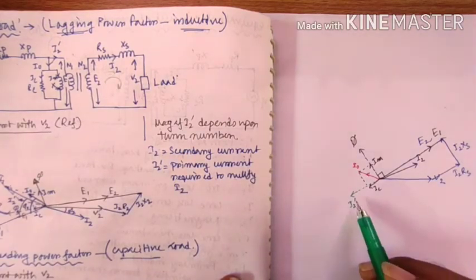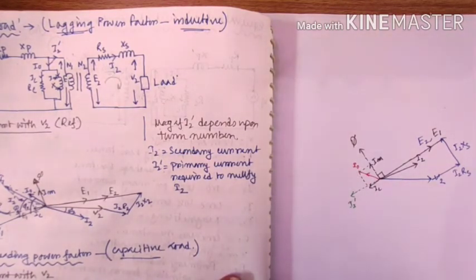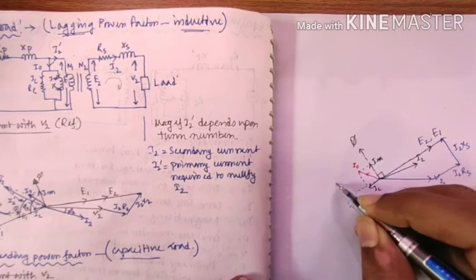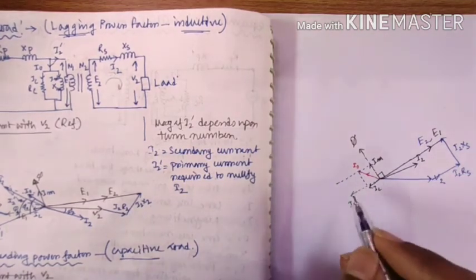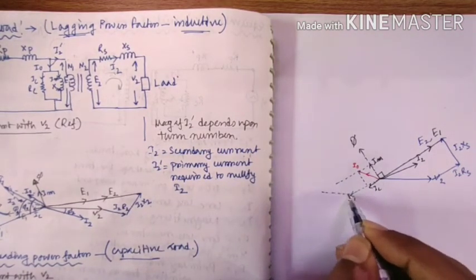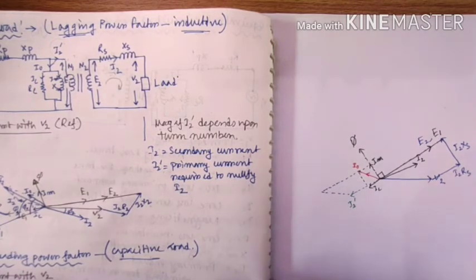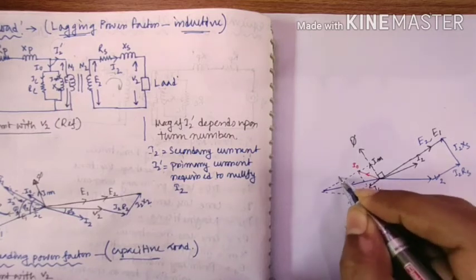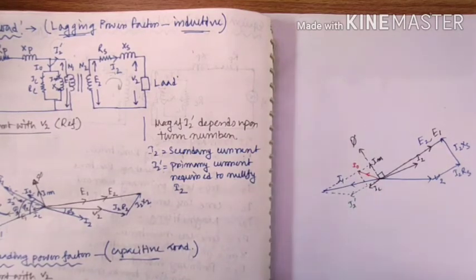So the summation of I2 prime and I0 should give us primary winding current. So let me draw that one. So draw a parallel line of this one. So this can be I1, the primary winding current.